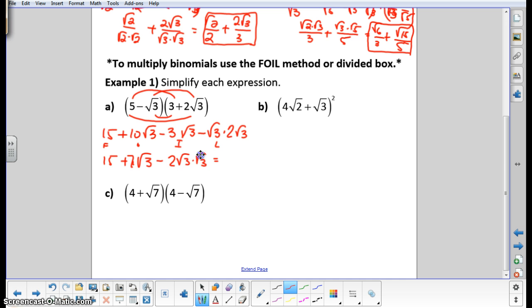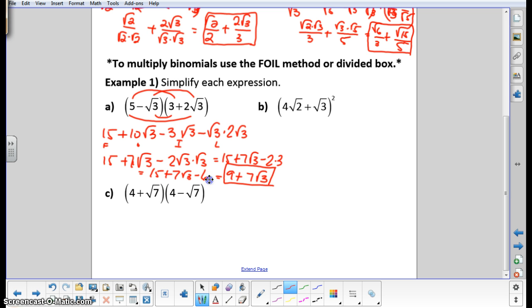Okay, so when we simplify this, we get just 3 times 2, which is 6. So 15 plus 7 root 3 minus 2 times 3, which is 15 plus 7 root 3 minus 6, and that would be 9 plus 7 root 3. And that's the answer.